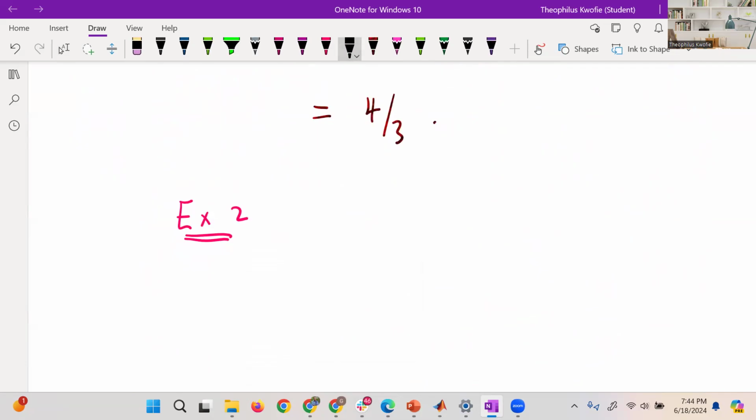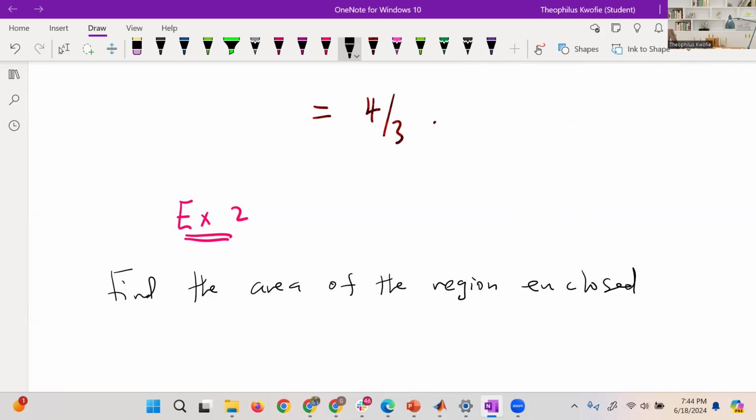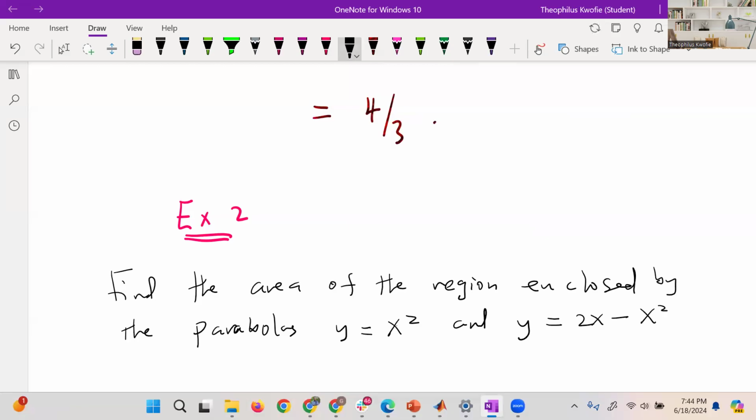The question says, find the area of the region enclosed by the parabolas y equal to x to the power 2, and y equal to 2x minus x squared.